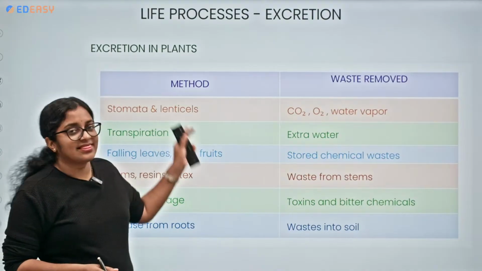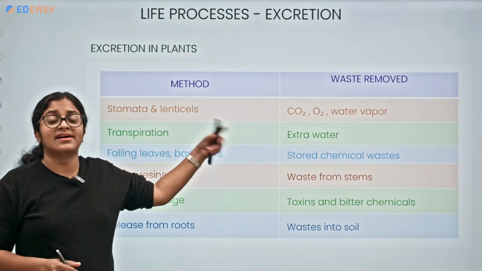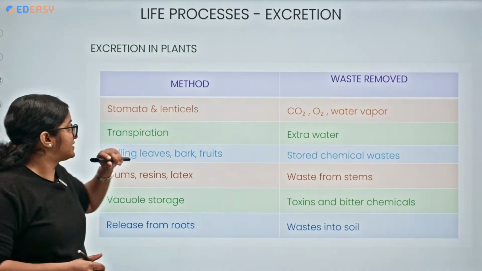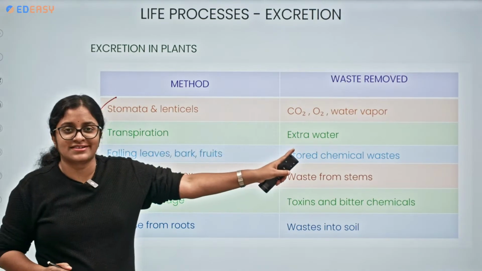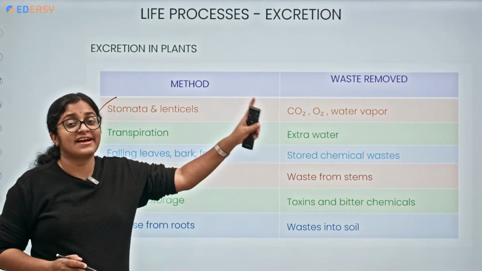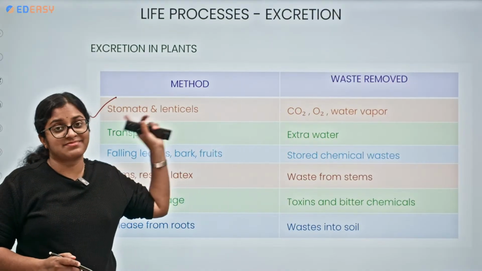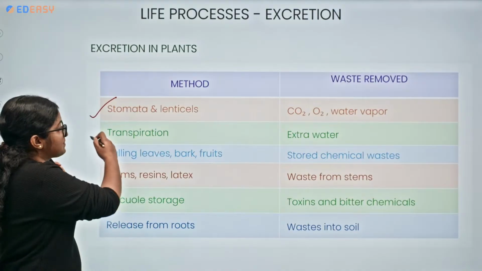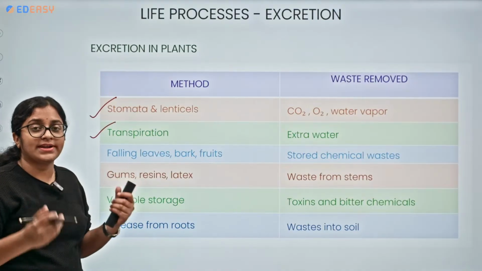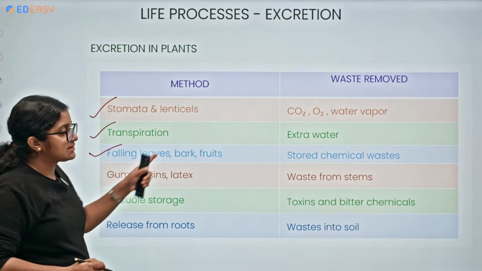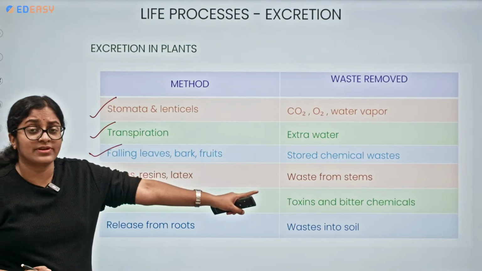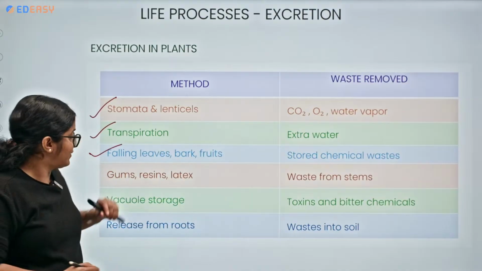So let me tell you the methods of excretion within plants and waste removal. Through stomata and lenticels, carbon dioxide and oxygen leave by diffusion, and water vapor leaves through transpiration, which is the loss of water in the form of water vapor. Falling leaves, bark and fruits remove stored chemical waste.